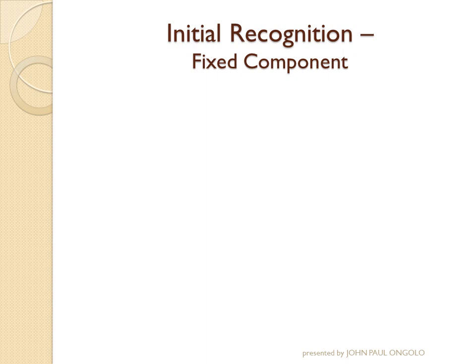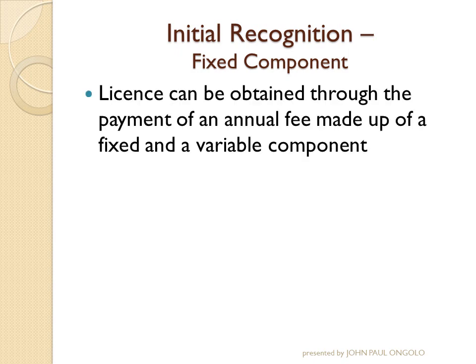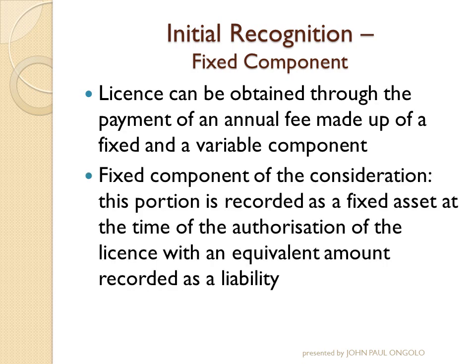However, a license can be obtained through regular fee payments throughout the duration of the license contract. In that case, if the license is obtained through an annual fee which is made up of a fixed and variable component, the fixed component will be recognized as a fixed asset at the time of the authorization of the license.